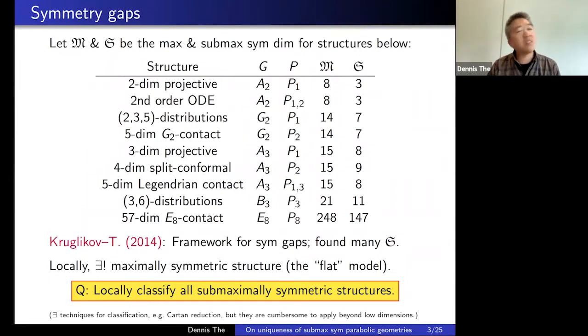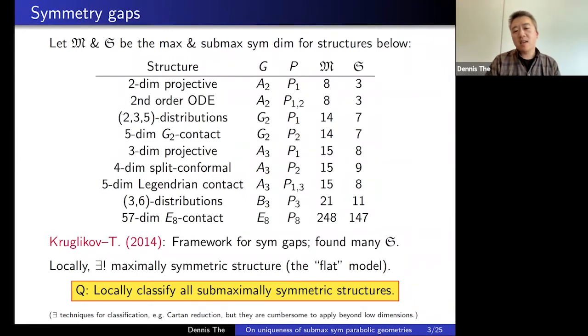I should also mention that there are, of course, techniques for classification of geometric structures, and in particular, this problem will be a problem about homogeneous structures, and so we'll say a bit more about that in the discussion period. In January and February of this year, I gave a lecture series about classifying homogeneous structures, and I emphasized one particular method called Cartan reduction.